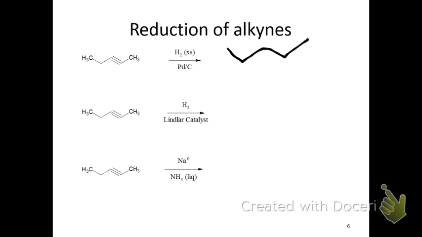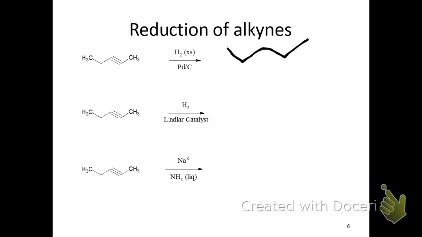What has been done to the metal catalyst is what is referred to as poisoning. That means that the metal catalyst is a little less reactive. Since alkynes are more reactive than alkenes to start with, if you're using a catalyst that's a little less reactive, it's only able to add one equivalent of hydrogen across the triple bond and thereby take a triple bond to a double bond and leave it there.